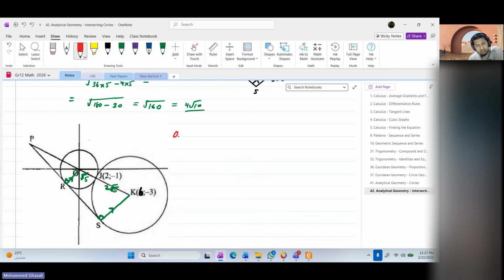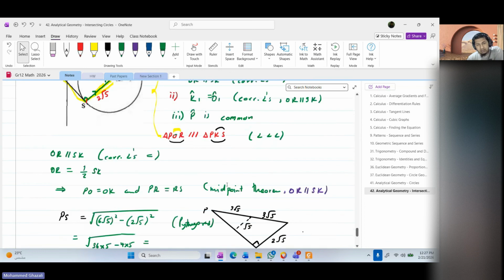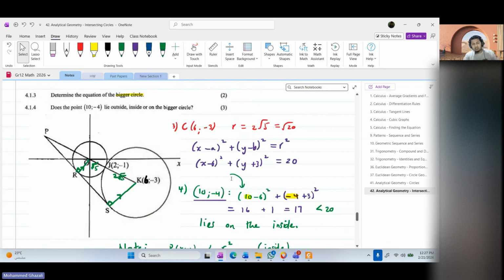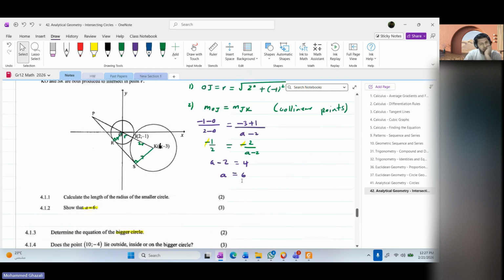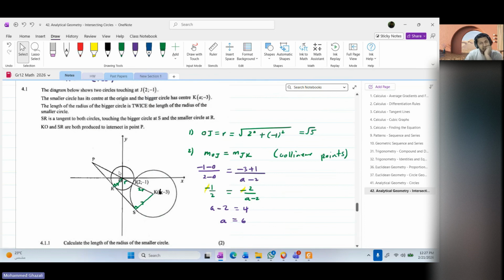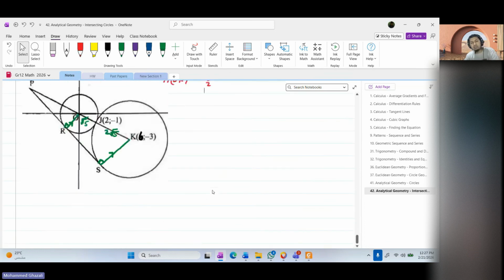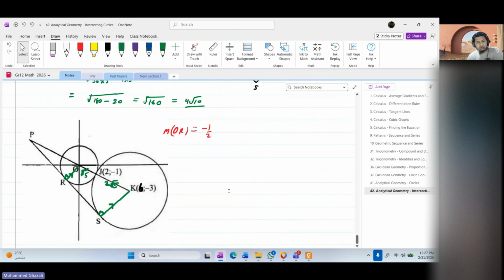So we know the gradient of OJ, sorry, I said OR, is negative half. I think that's what we had. The gradient of OJ is negative half, right?